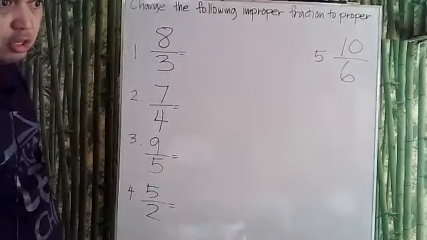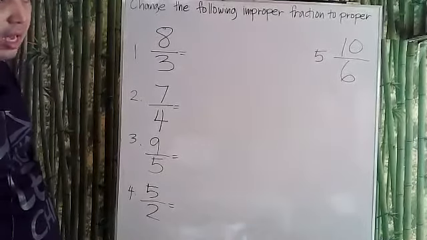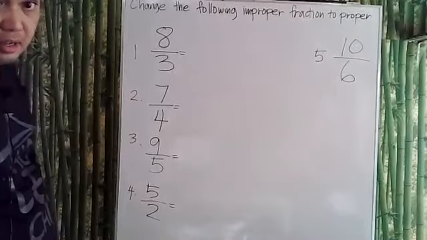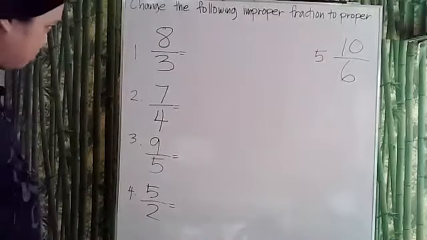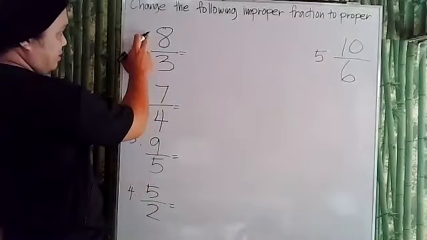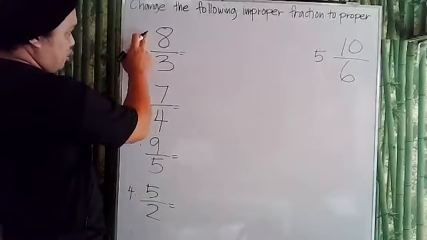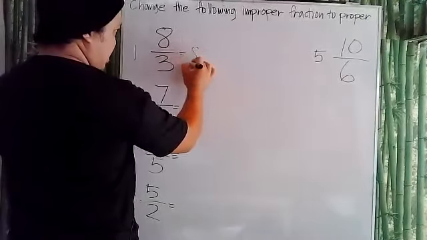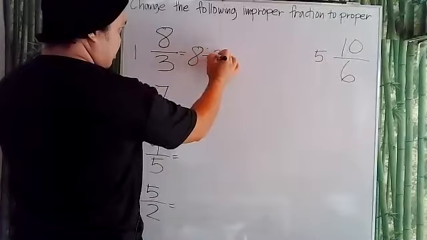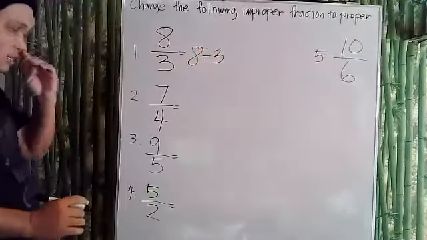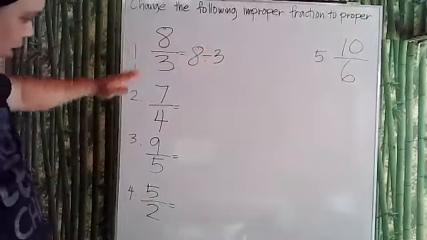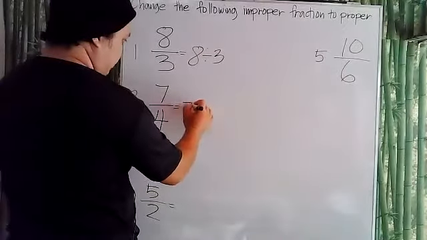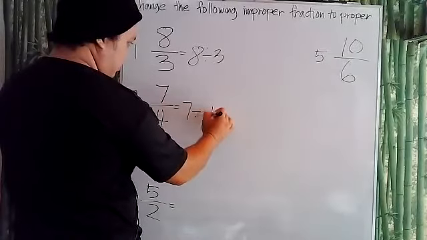Because a fraction must always have a lesser numerator to its denominator. So how to change this? Simply by dividing the numerator by its denominator. So what happens is that it's going to be 8 divided by 3. If you're going to answer the 5 items, we have here 7 divided by 4.